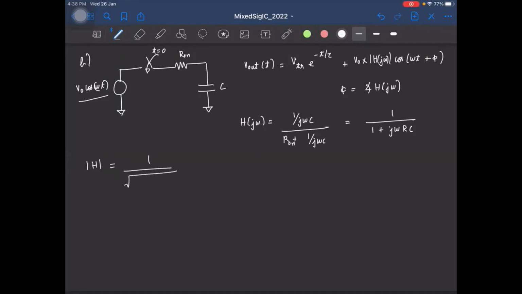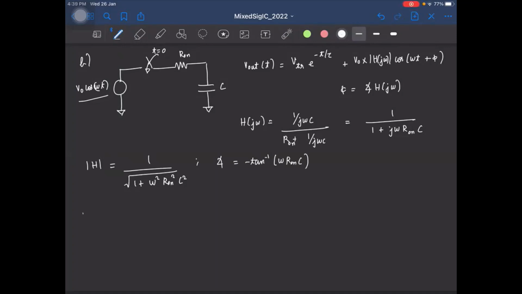So this is r on times c. This is square root of 1 plus omega square r on square c square, right? And what is the angle? That is simply minus tan inverse of omega r on times c.